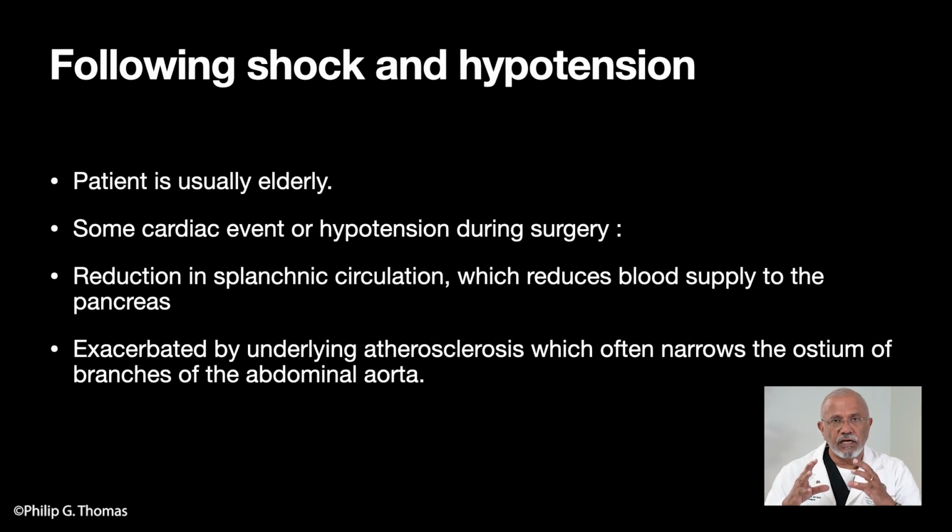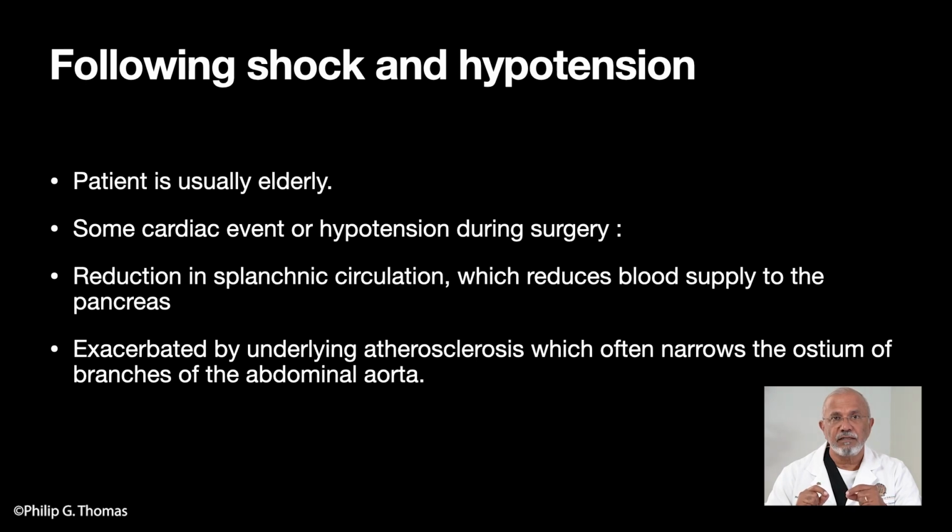This reduction in splanchnic blood flow can result in ischemia of the pancreas, and this is particularly likely to happen in an older patient whose celiac artery or the superior mesenteric artery at the ostium is narrowed by the presence of a plaque.